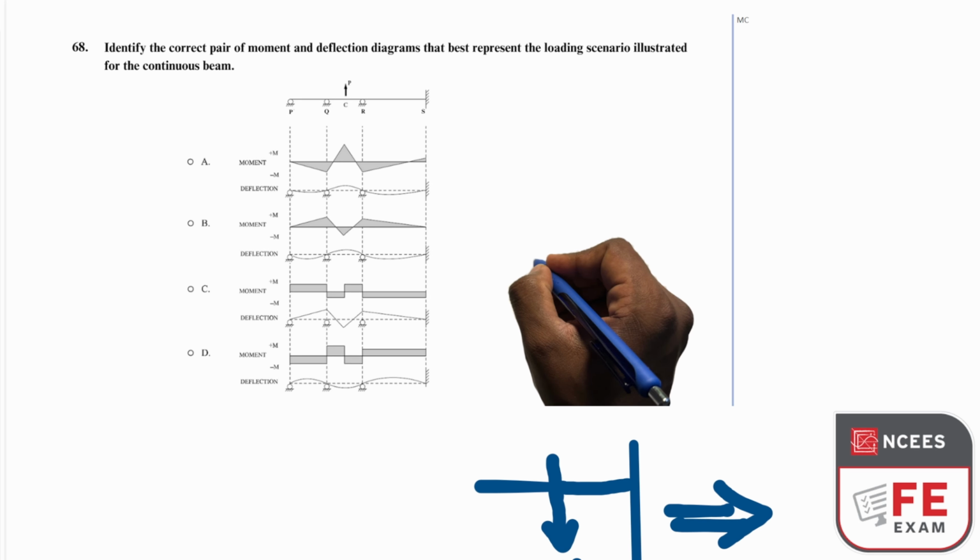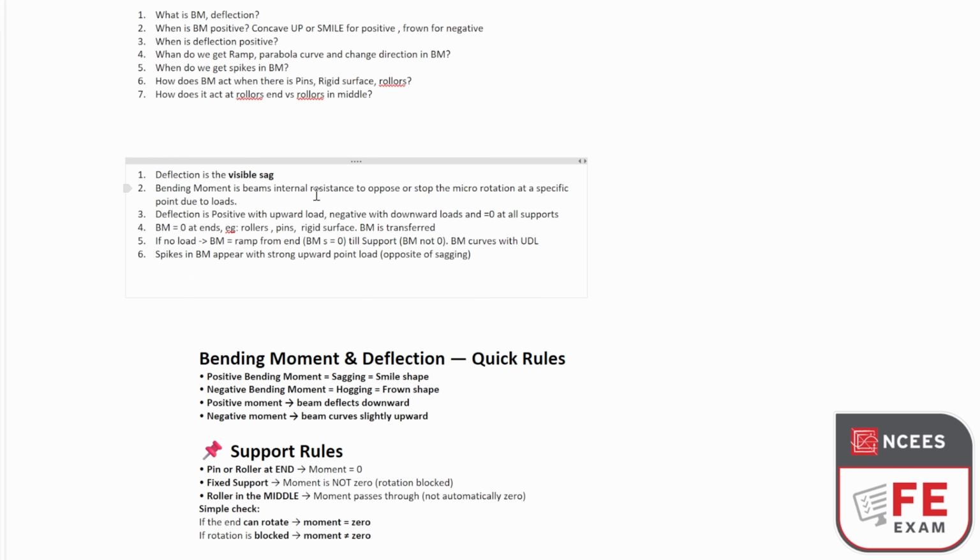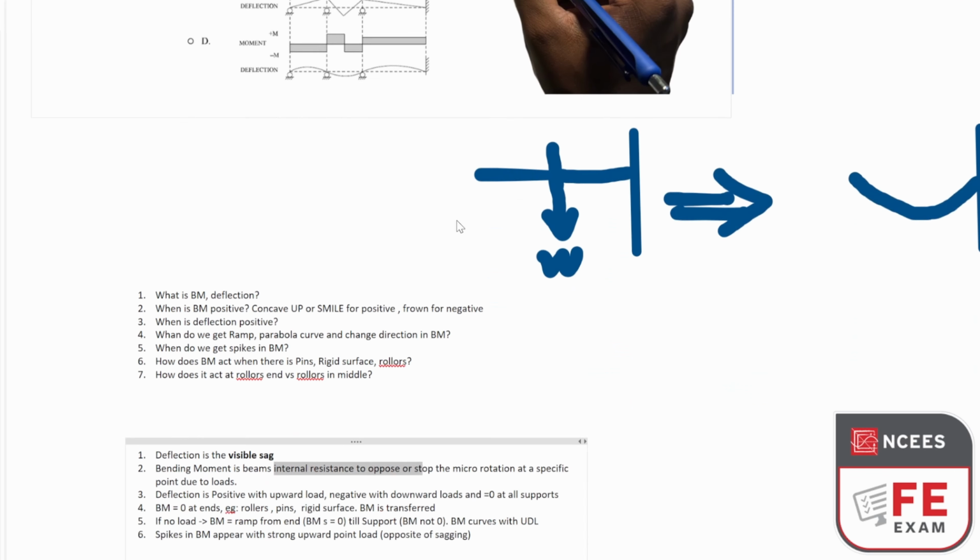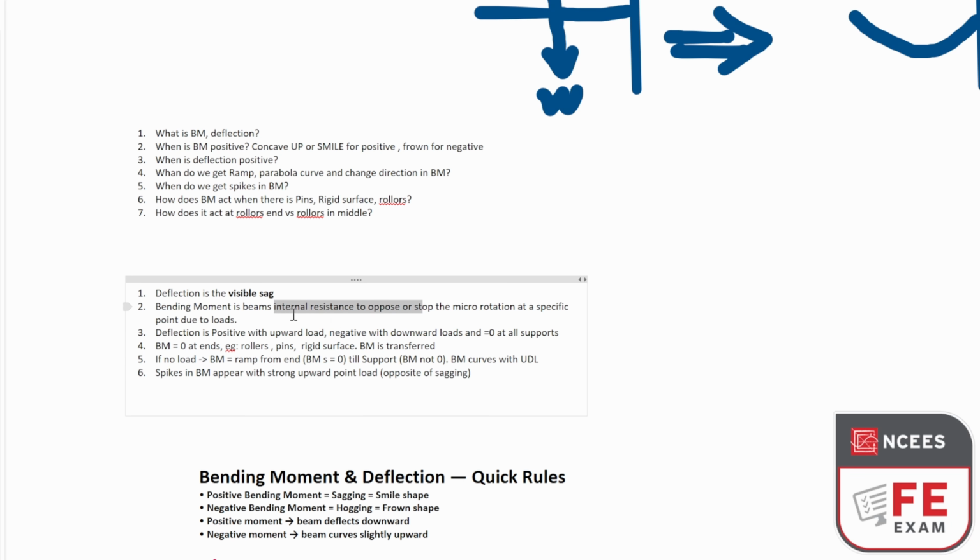Now, which one is the right answer? Before I get into that, I need you to understand the positive bending moment and the negative bending moment. So what exactly is bending moment? Bending moment is the internal resistance to oppose the sag. So if sag is happening downward, there is an internal resistance happening upwards, right?